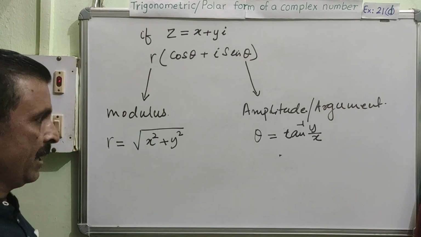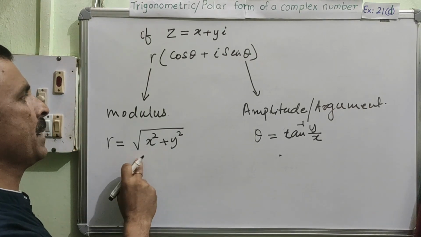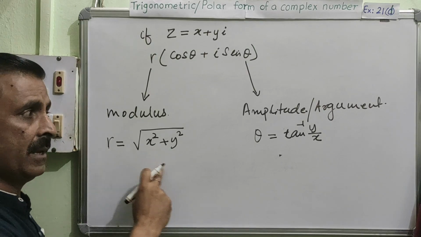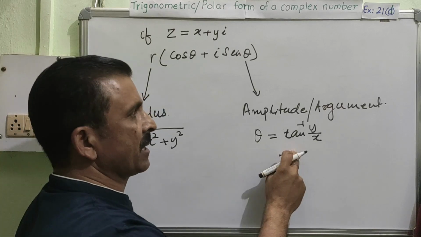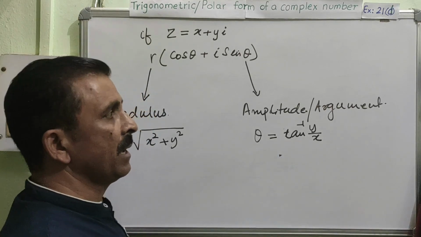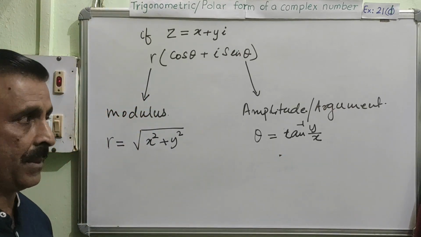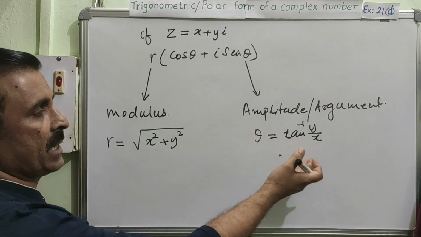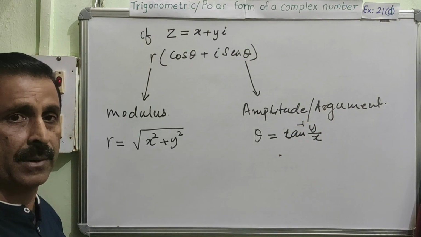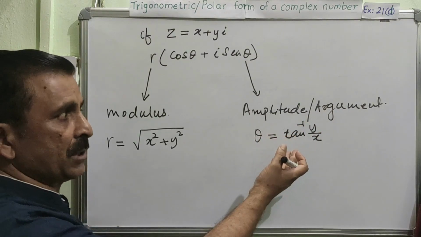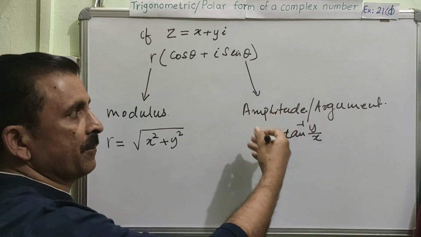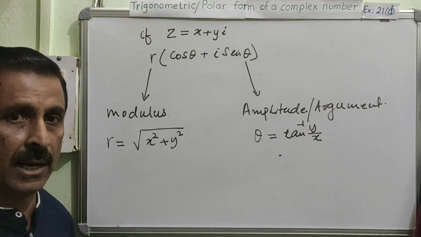Is it okay? The modulus is not an issue for any of us because we have already seen it in the previous exercise. Now we need to understand the amplitude a little bit. How do we calculate the amplitude? It is not simply what you see in the formula, theta is equal to tan inverse y over x. Of course, this is the amplitude, but this is not the complete information about the amplitude or the argument.